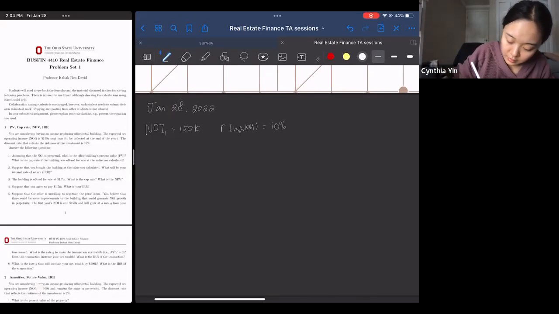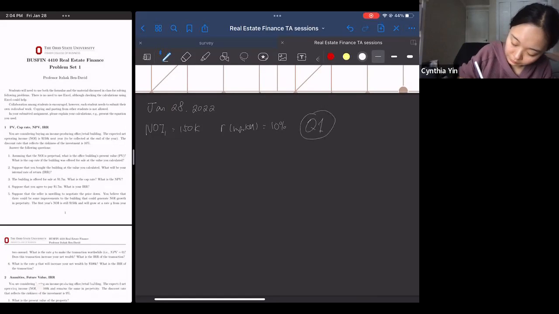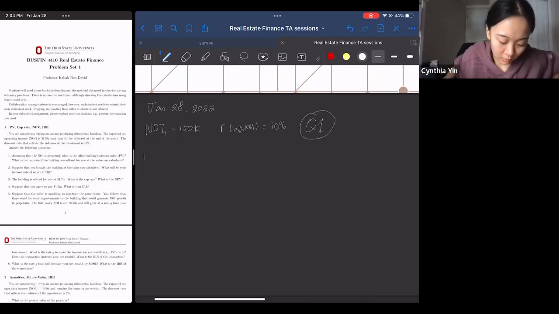In the first small question, Q1, assume the NOI is a perpetuity. What is the PV? This one is very easy, and most of you get it right.